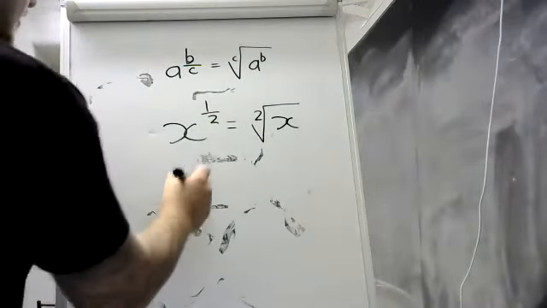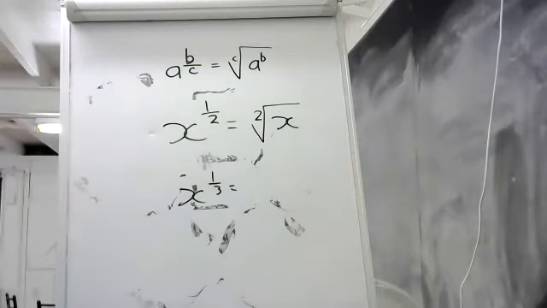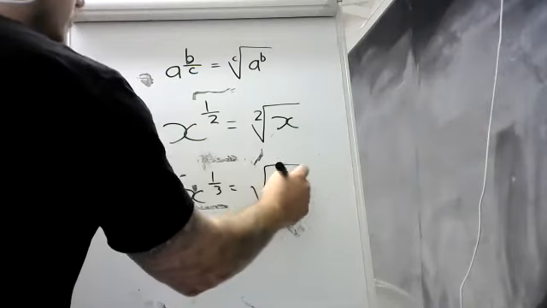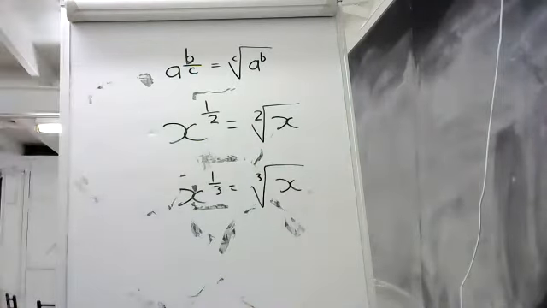What about if we had x to the power of 1/3? Would then be the cube root, wouldn't it? It'd be in the brackets just x, and then outside the brackets 3. Perfect. So if you've got a fractional power, we want it as a cube root or a square root.